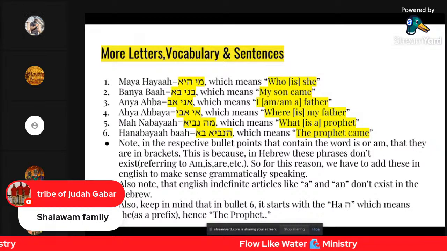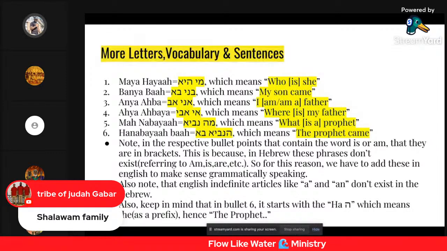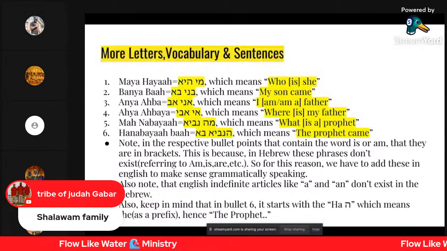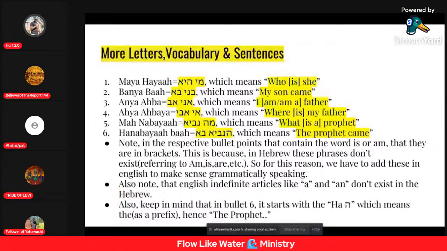Also note that English indefinite articles like a and an don't exist in the Hebrew. Also, keep in mind that in bullet 6, it starts with the ha as a prefix, hence the prophet, or the as the prefix.